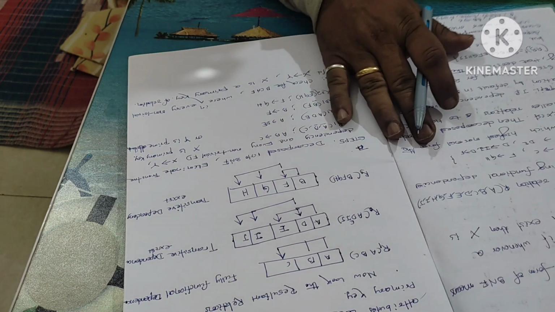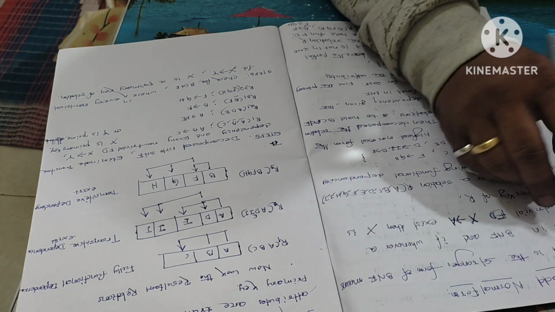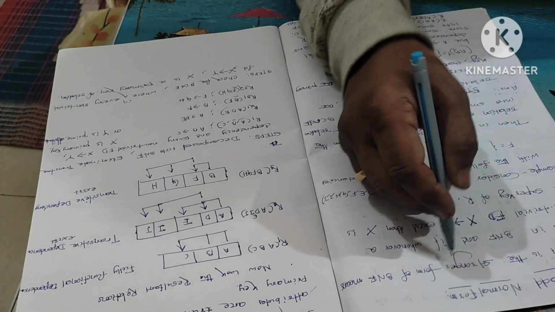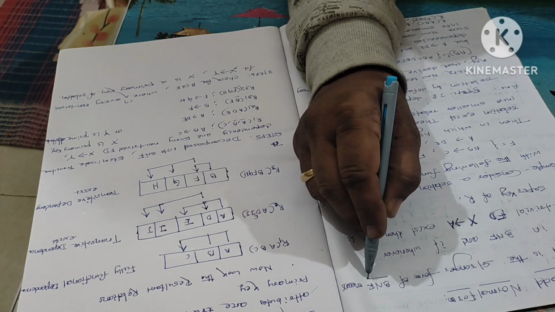Next, we are discussing Boyce-Codd normal form. It is the stronger form of 3NF.